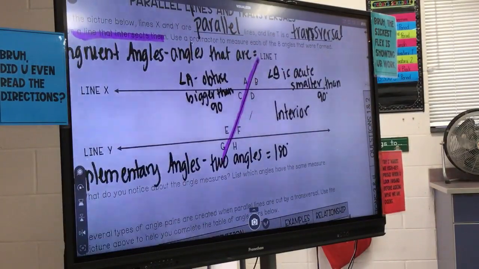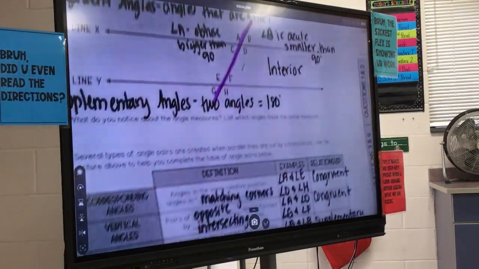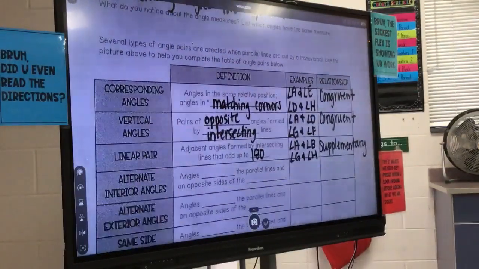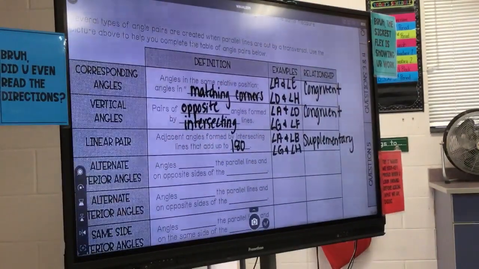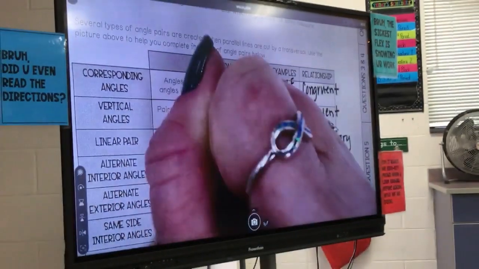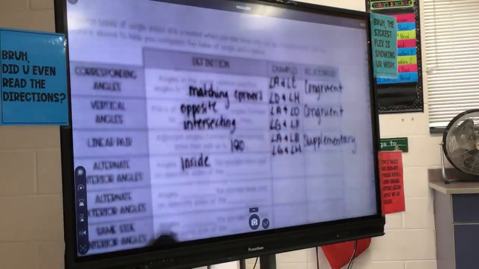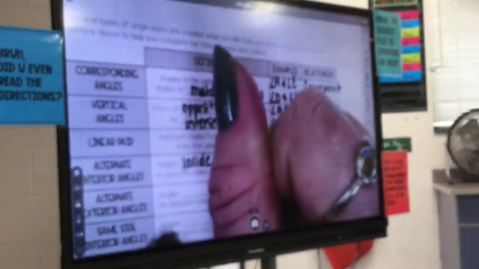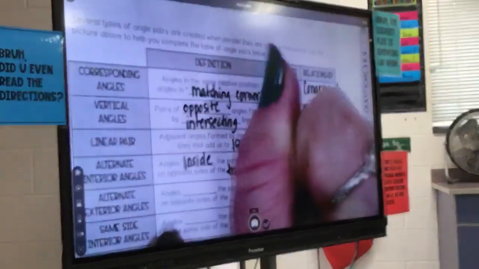Right, it's inside. Okay, so we're looking for alternate interior angles on this one. So these are angles inside the parallel lines and on opposite sides of the transversal.